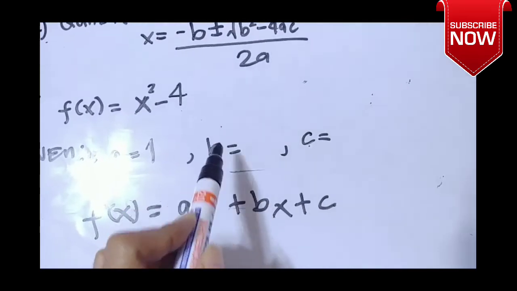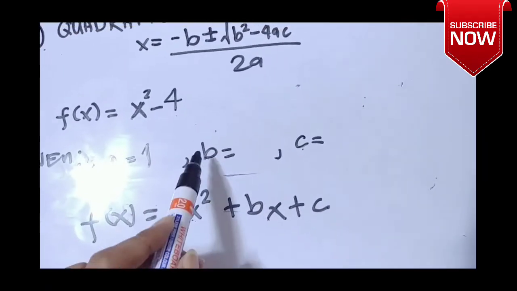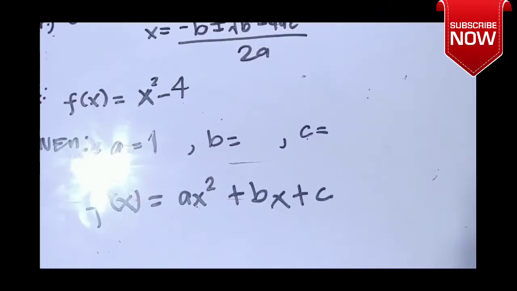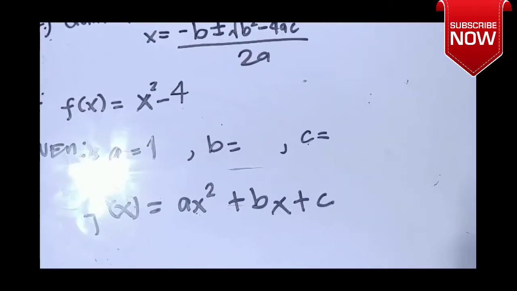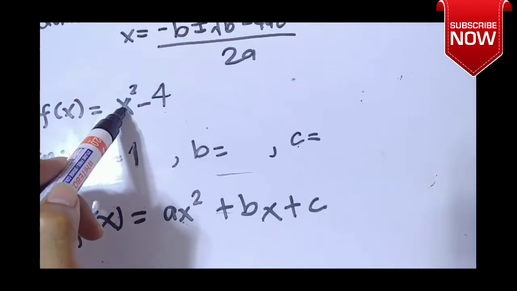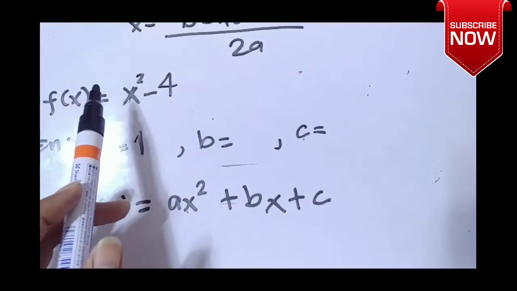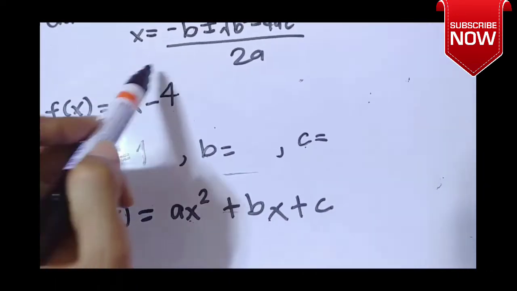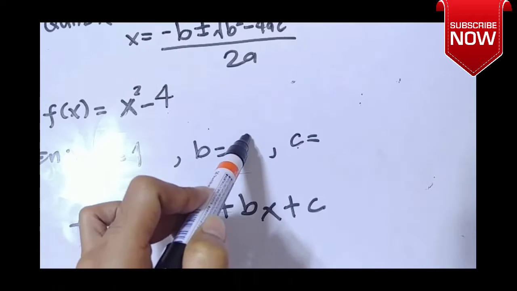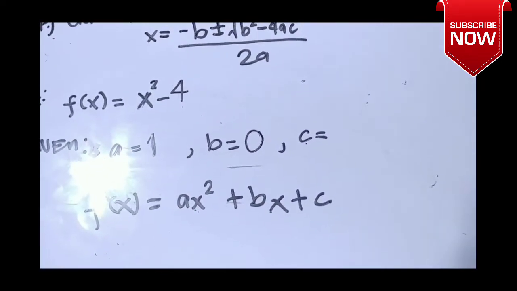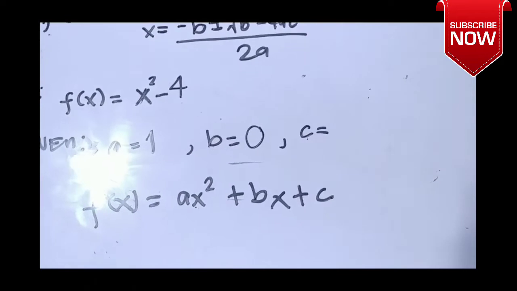Okay, since kanina sabi ko, nung nag-solve tayo gamit yung completing the square, hindi natin magagamit yung completing the square dahil absent yung linear term. Since absent ang linear term sa equation na to, automatic, 0 si coefficient na b.